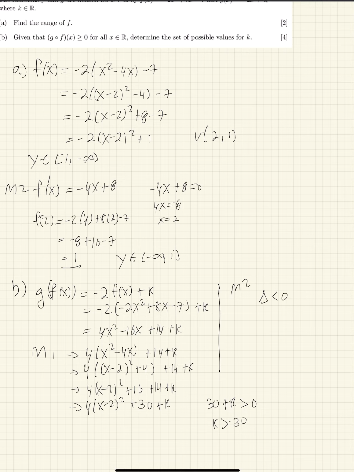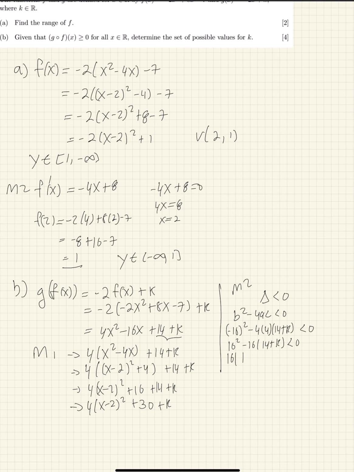So the discriminant b squared minus 4ac is less than 0, and b squared is minus 16 squared, minus 4 times 4 times (14 plus k), is less than 0. So this is 16 squared minus 16 times (14 plus k) is less than 0. Let me make a little space over here. I can simplify this by just factoring out 16.